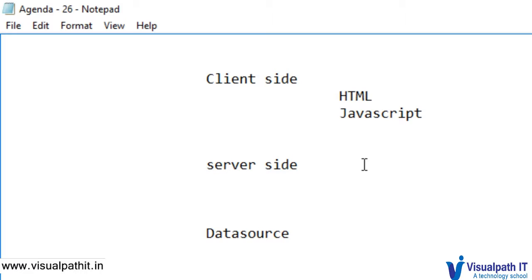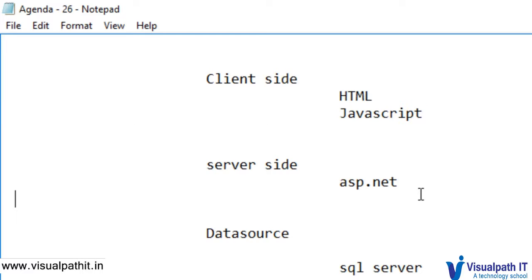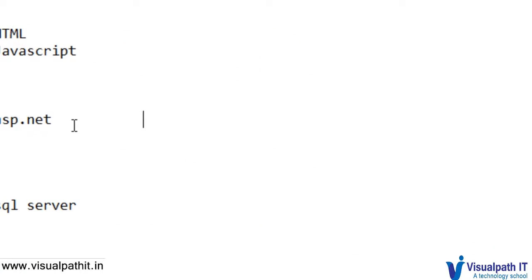Server side I'll write in ASP.NET, and obviously I'll use a database like SQL Server. People coming from a Java background, the client side will remain the same, HTML, JavaScript, but the server side will change to servlet or Java, and the data source could be Oracle or something else. Similarly, if I come from a PHP background, HTML and JavaScript remain the same, they will learn PHP and write the server side script, and they may use MySQL as a database.